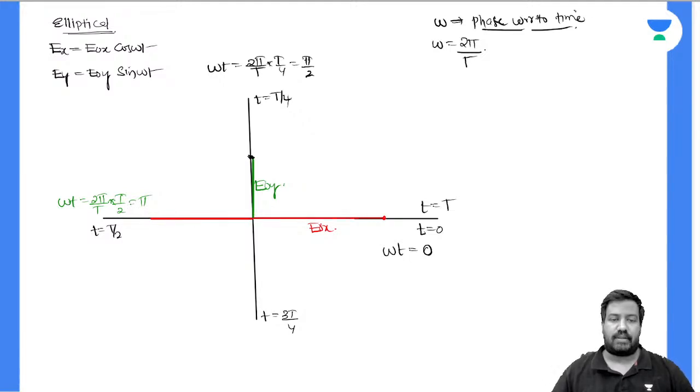When t is 3T by 4, omega t is 2 pi by T into 3T by 4, which is 3 pi by 2, 270.